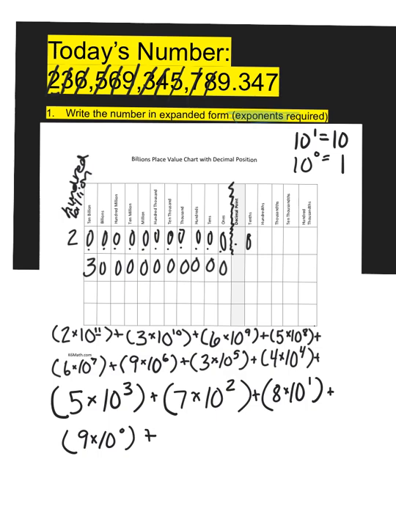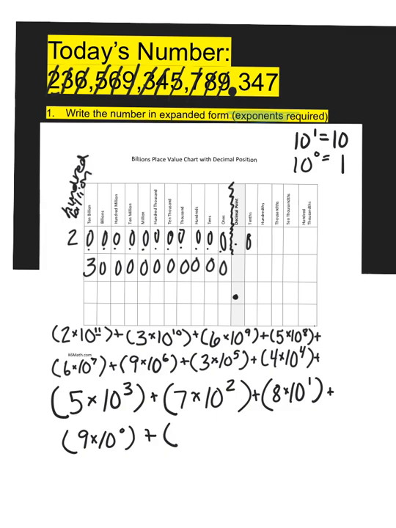Okay, so now we have gotten up to our decimal point, and we are now ready to do our decimal values in expanded form. Now this is a little bit new, so pay close attention, okay guys? Okay, coming back to my previous page, let me just fill this in.